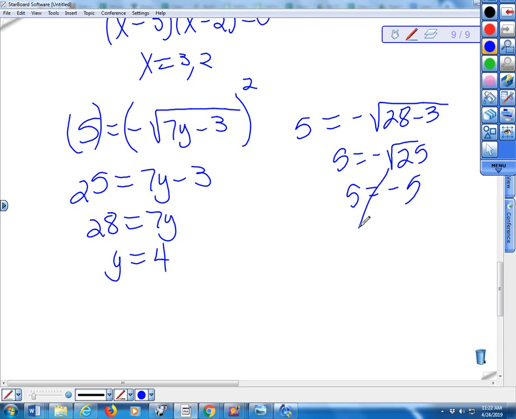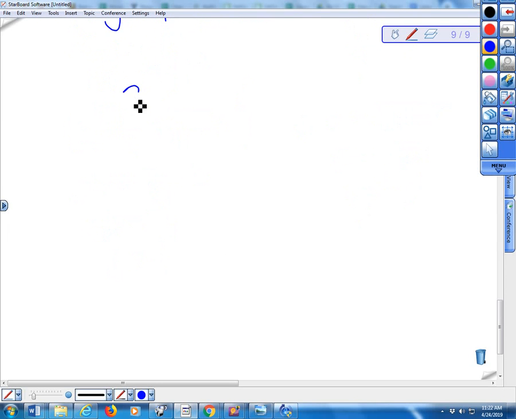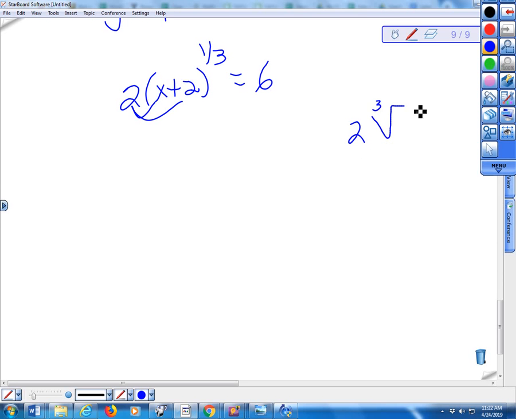And then the last one is 2 times (x plus 2) to the 1/3 equals 6. I had several people try and distribute that in. You can't do that. Let me show you why. If I have this, which I could rewrite like that, right?